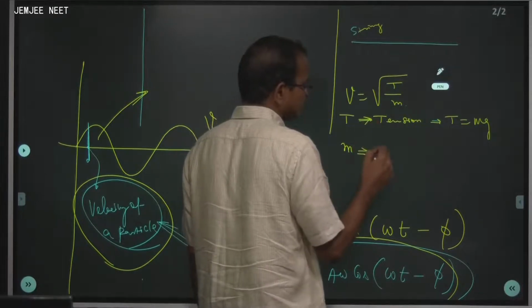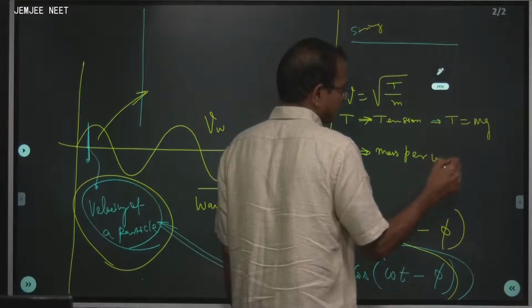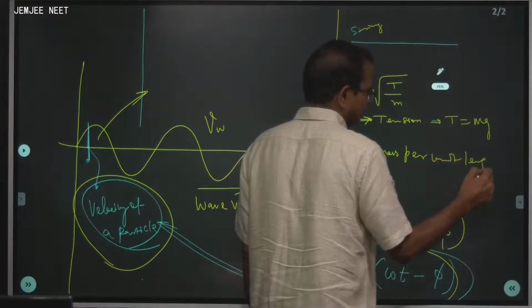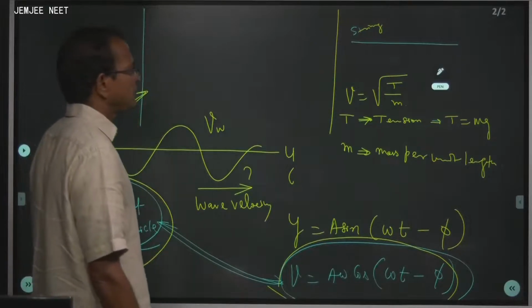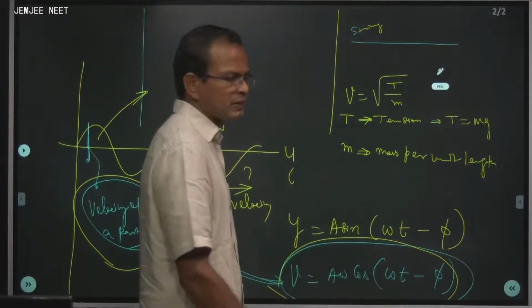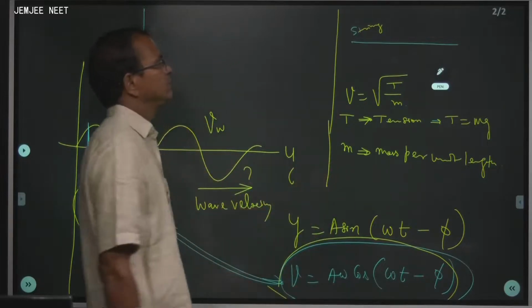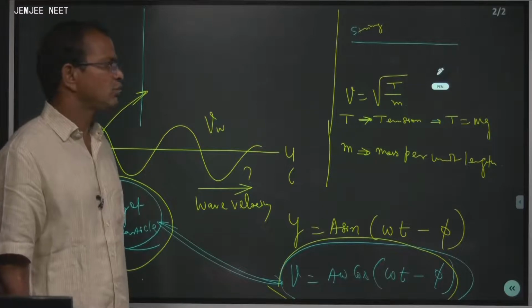What is mu? Mass per unit length. Yes, that's what mu is. For a string, velocity v is equal to square root of T by mu, where mu is mass per unit length.